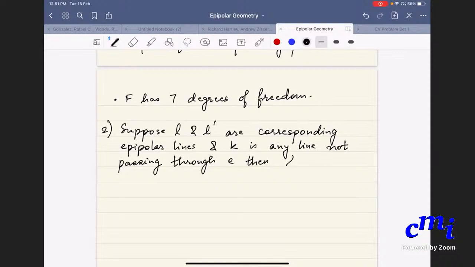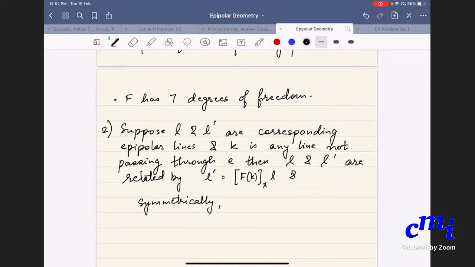Then L and L prime are related by L prime is equal to F, so actually this cross product, F K cross L. And symmetrically, L can be written as F transpose K prime cross L prime.